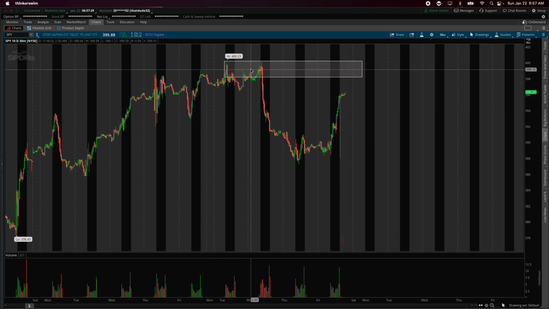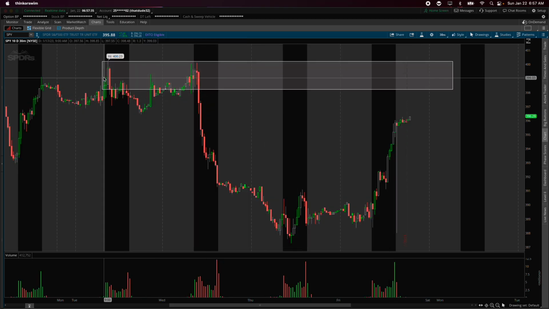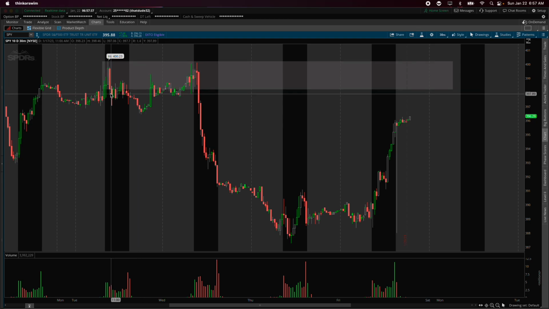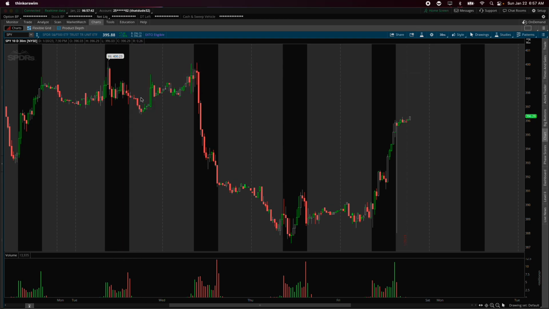For me, this zone is good. Yeah, this looks sweet. I would actually tighten this up personally. I would do from the top of this wick down to the body of that green candle, and that would be my zone.